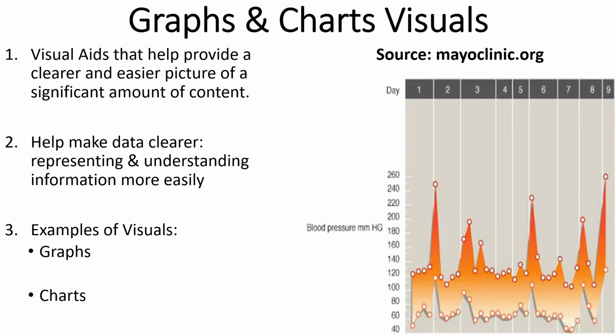Data is made more clearly understood with graphs and charts in that they visualize information that is being presented and it is also understood more easily sooner rather than later.